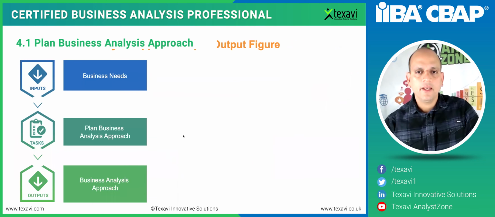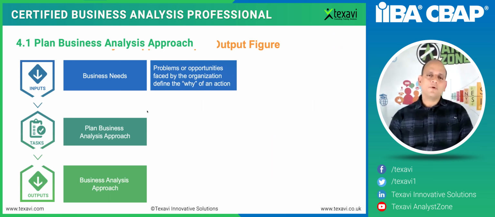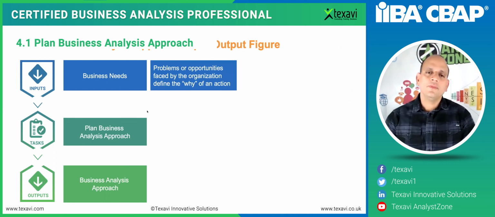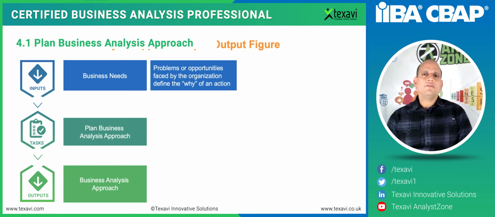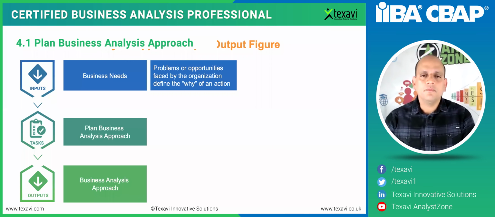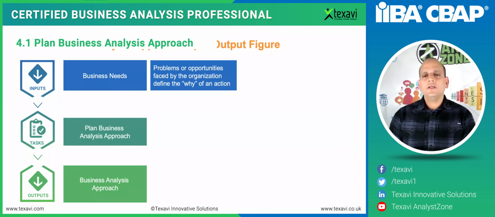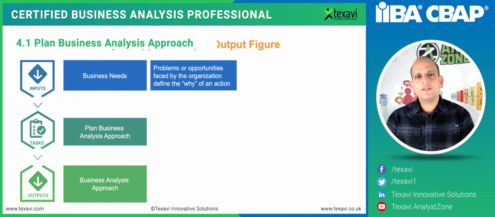So again, in terms of the business needs that go in as inputs, you would start with identifying the problems or opportunities faced by the organization, and define the why of an action. So when somebody says, we've got to work on this project, we've got about 2 million pounds budget to be spent in the next 3 years, and this is what we're going to do, then what you need to ask as a BA is why are we doing this?